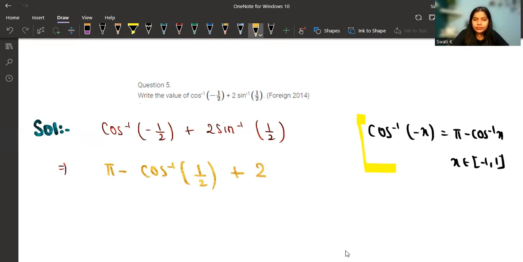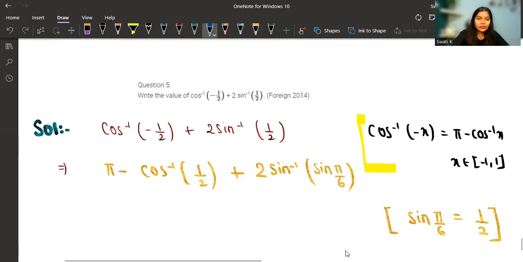So we can write down this as 2 sine inverse. We know that for what value of sine, the value is half. The sine of what is half? Sine 30 is half, which is pi by 6. So using this, we can write down here directly sine pi by 6. So now this we can write down as pi minus cos inverse.